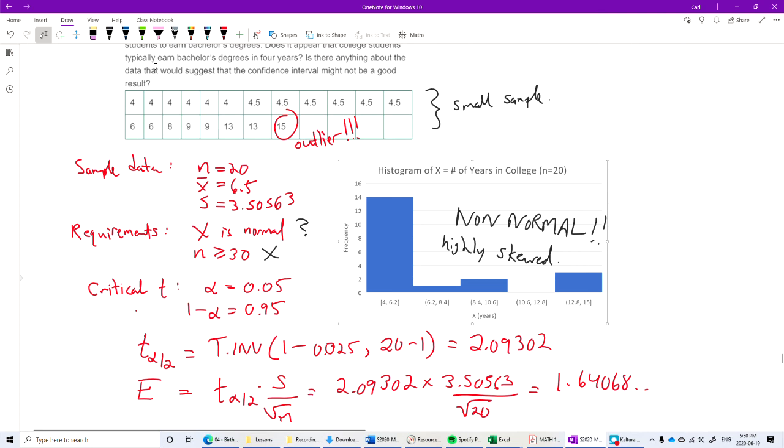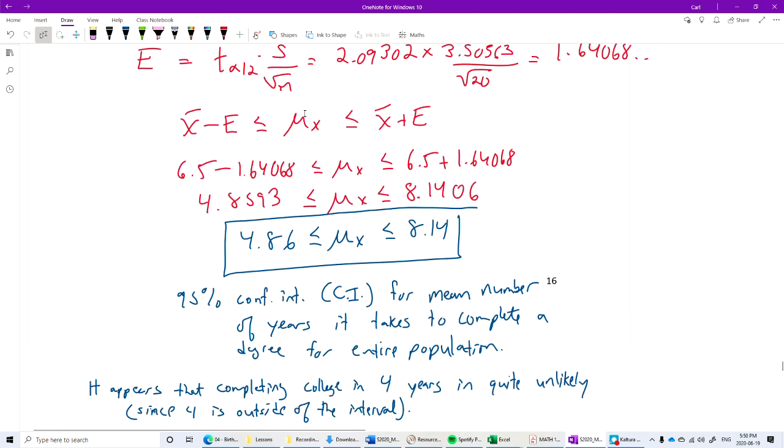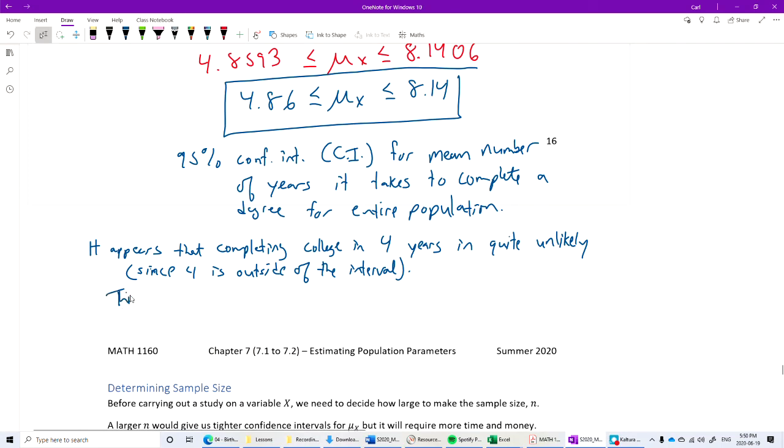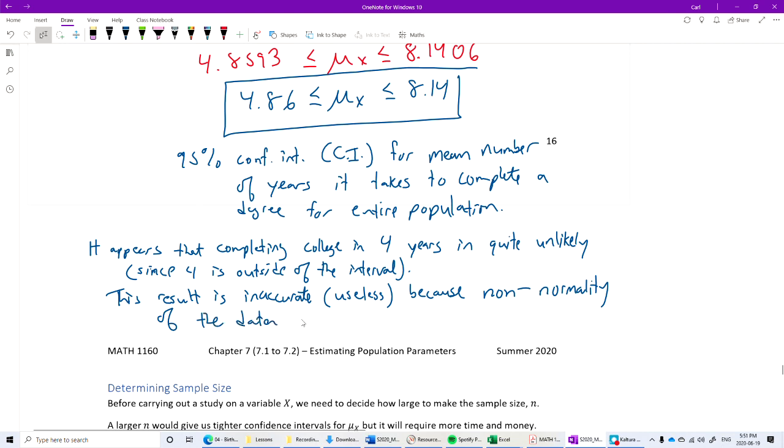Is there anything about the data that would suggest the confidence interval might not be a good result? So this result is inaccurate. It is useless because the non-normality of the original data made the method that we used inapplicable.